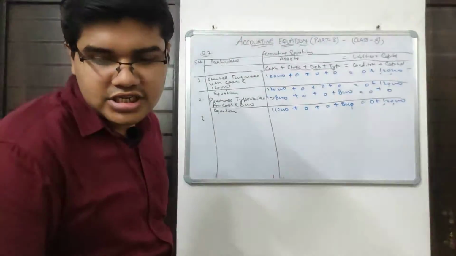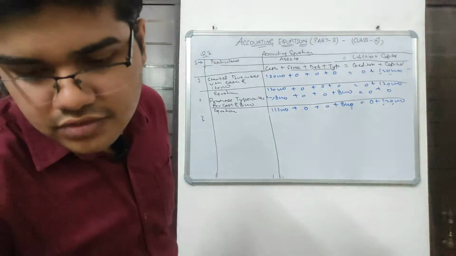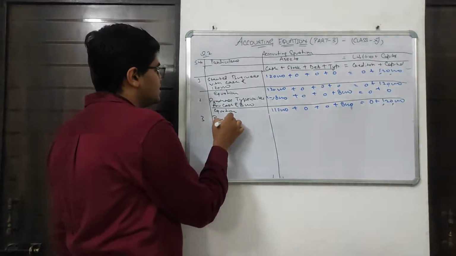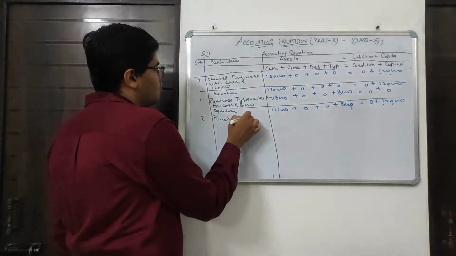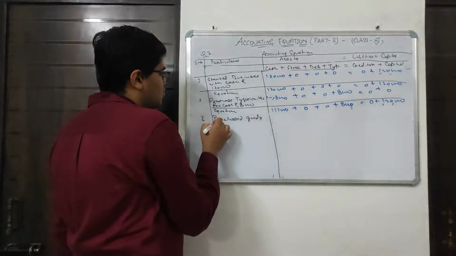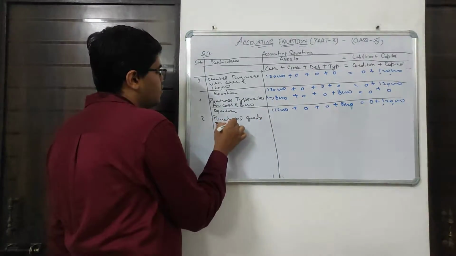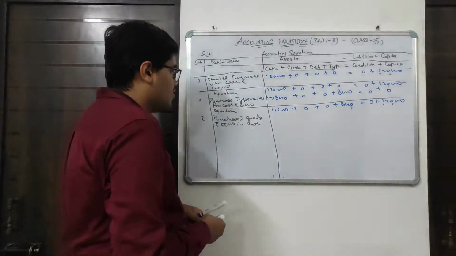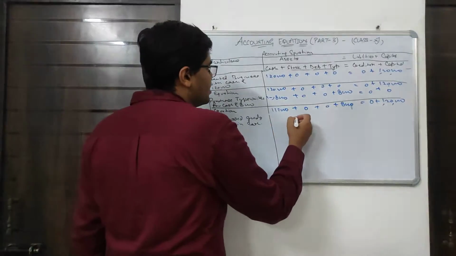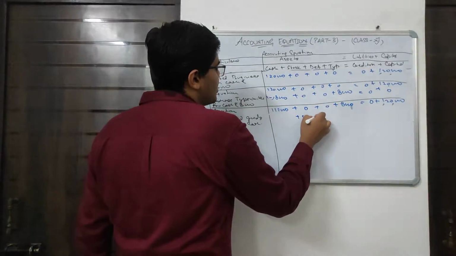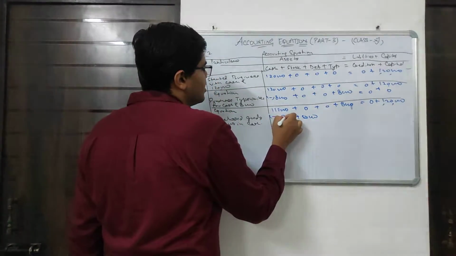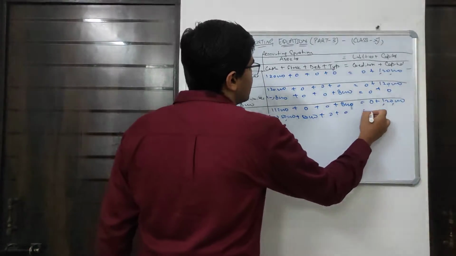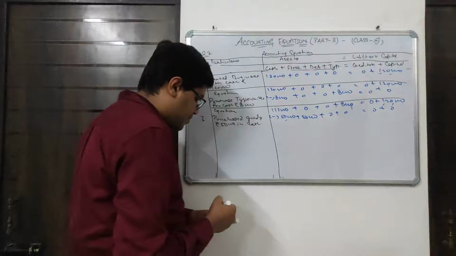The third transaction is purchase goods 50,000 for cash. Purchased goods rupees 50,000 in cash. So stock will be added 50,000 and the cash will be deducted by 50,000. No change anywhere else, no change in creditor, no change in capital.